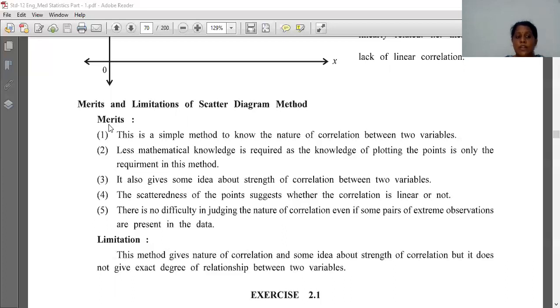So never do what you are doing in state exams. Write whatever is given, definition, meaning, points, same as what is given in the textbook. Because while we are checking, we are checking the same points which are given in the textbook only. We go through the textbooks and check, because they say that if it is given in the textbook, then you have to give the marks, otherwise no need to give the marks.